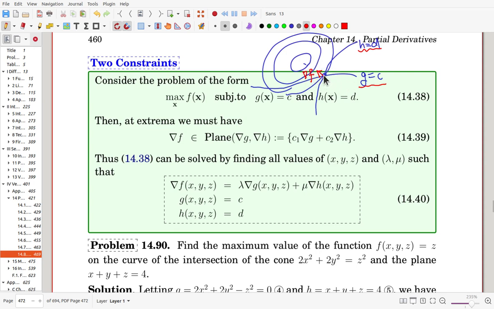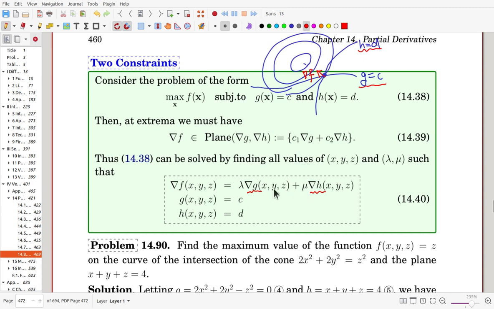However, the gradient of f can be expressed as a linear combination of the gradients. So that is exactly this: the gradient of f is a linear combination of the gradient of g and the gradient of h, along with lambda and mu. So we can express it in this way.